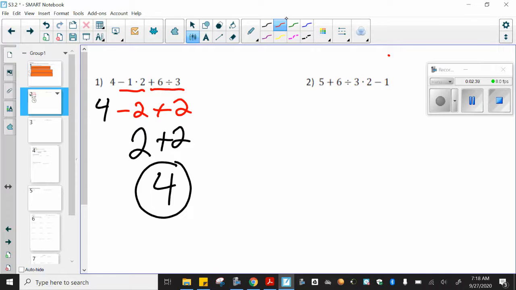In parentheses, nope. Any exponents? Nope. Multiplication or division? Yes. I have division, and then I have multiplication. So we're going to start with positive 6 divided by 3. Positive 6 divided by 3 is positive 2.